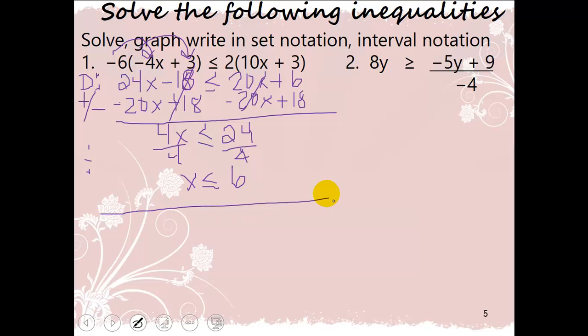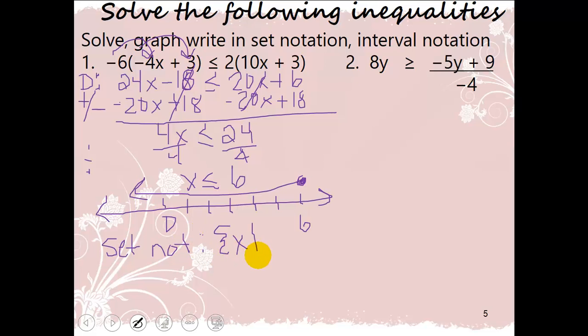Then I'm going to graph it. Here's 0, 1, 2, 3, 4, 5, 6. I'm going to use a closed dot and a line to the left. Set notation: all x's such that x is less than or equal to 6.